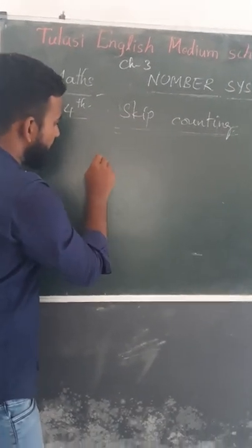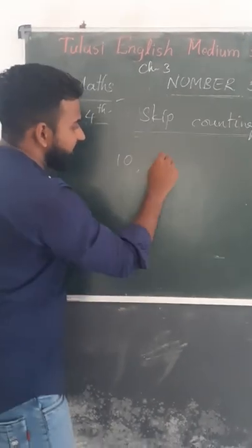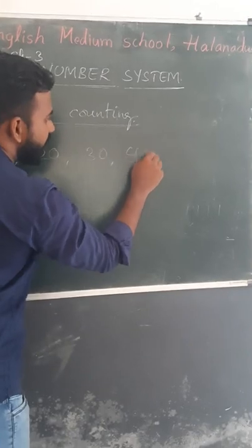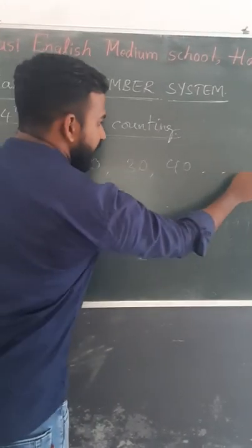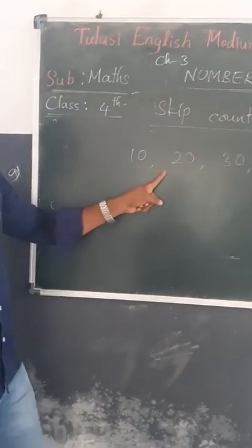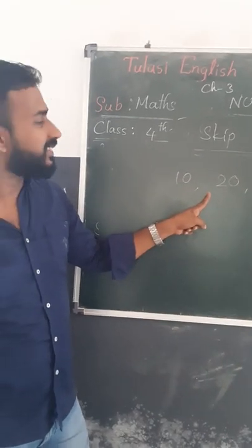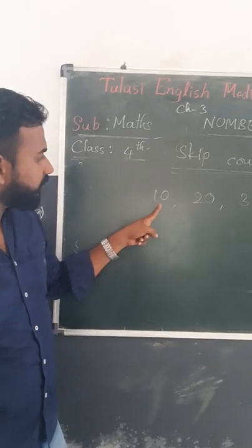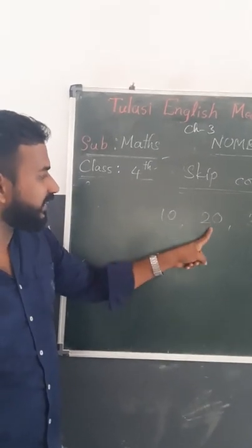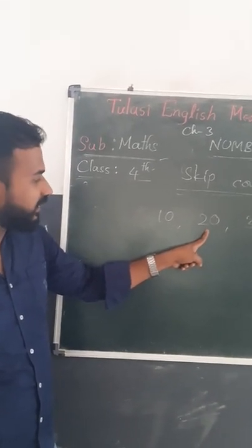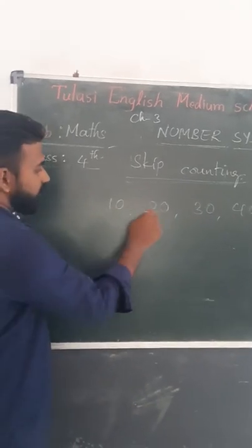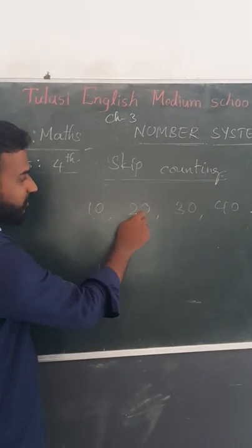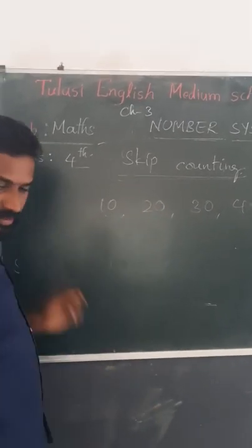Say for example, I am writing 10, 20, 30, 40. So I skipped 10 between these. So here 10, 11 to 19 I did not write. 10 plus 10. So I skipped 10 here.